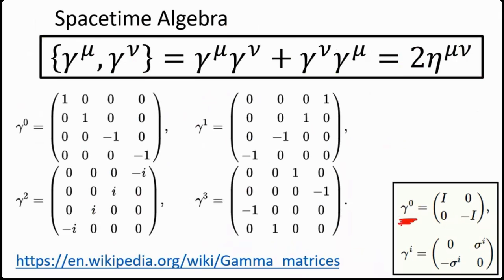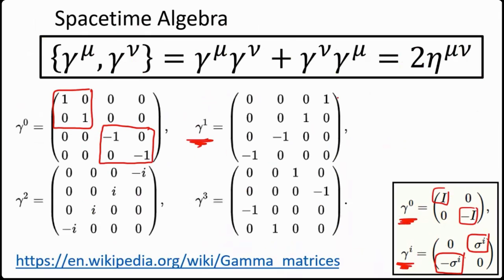Basically gamma 0 is just, you have the identity here, and then you have the negative identity here. So that's one way to memorize it. And then with the other ones, which are called the gamma i's, you have the positive sigma i matrix here, and then its negative sigma i matrix here.